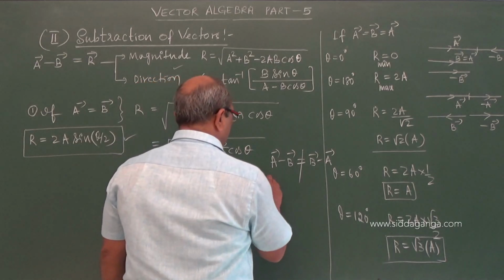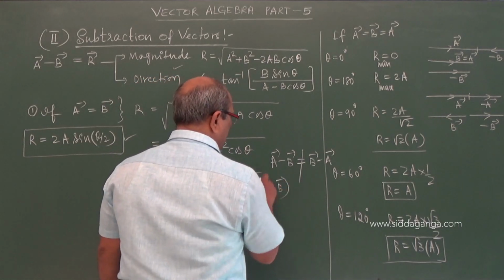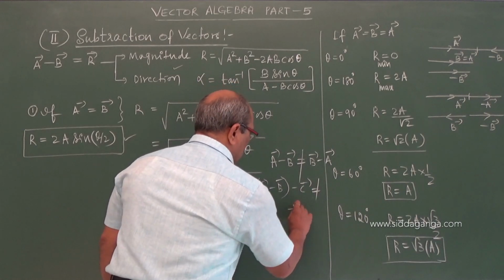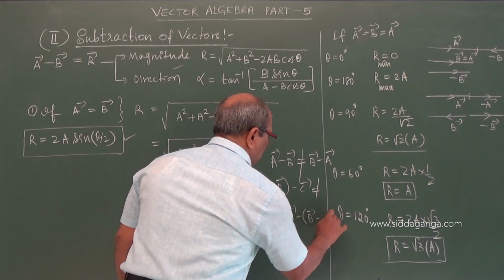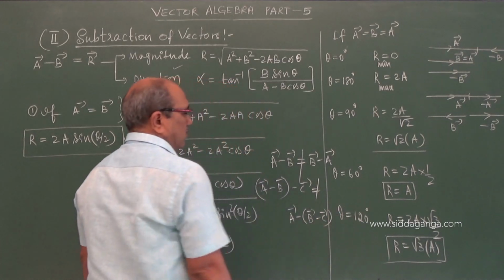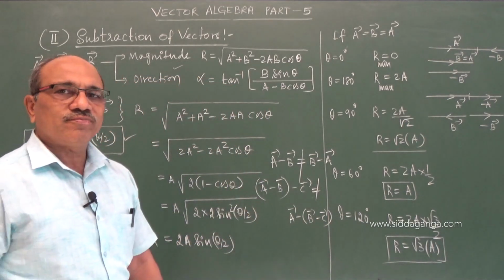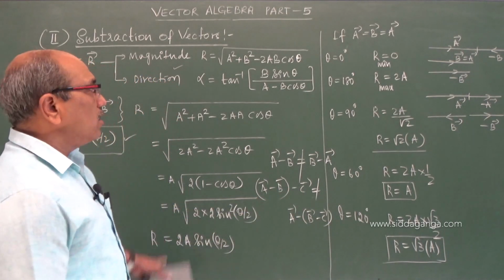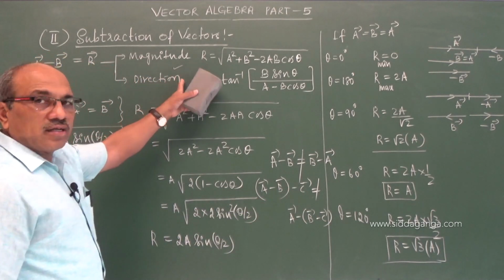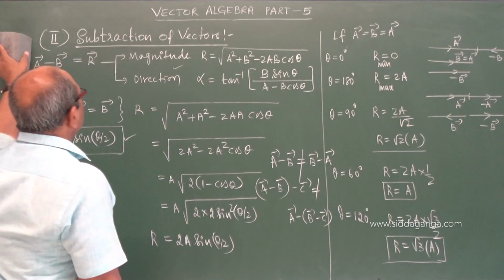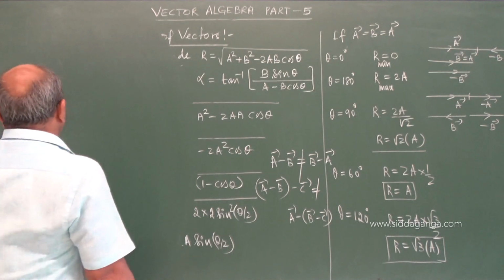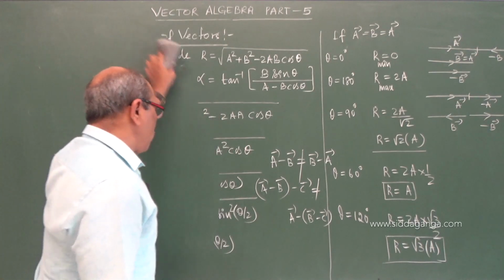Or a minus of b minus c may not be equal to a minus b minus c. That does not hold good. So subtraction of vectors does not obey the commutative and associative laws, but addition obeys them.